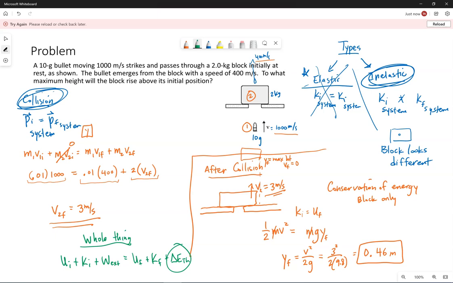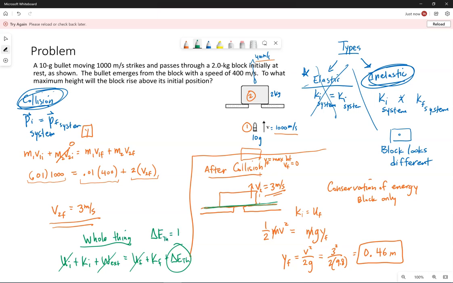We could figure out the change in kinetic energy, essentially. The collision itself happens so fast that the block will not have raised any height during the collision. There's no external forces. It's just the forces between the bullet and the block.